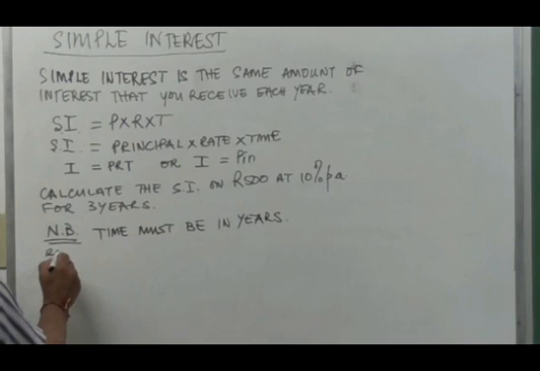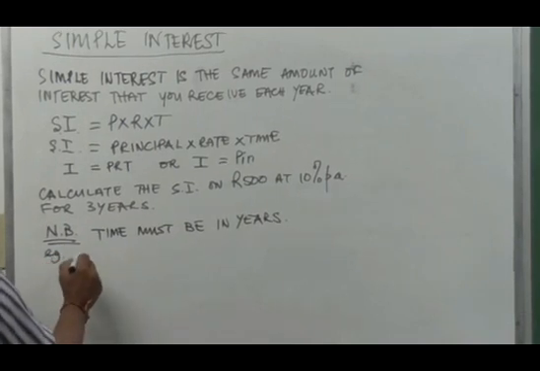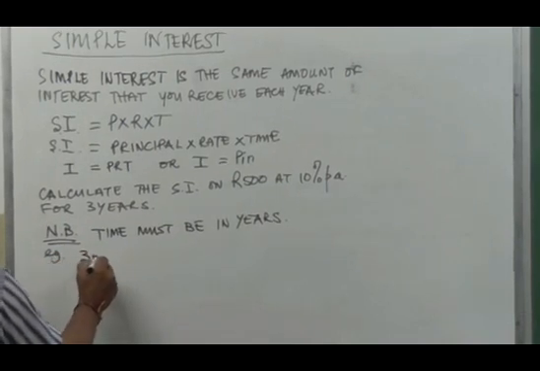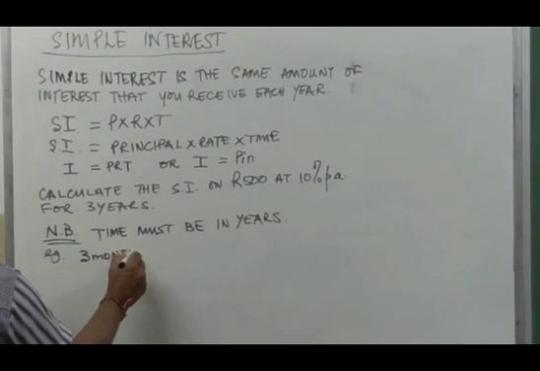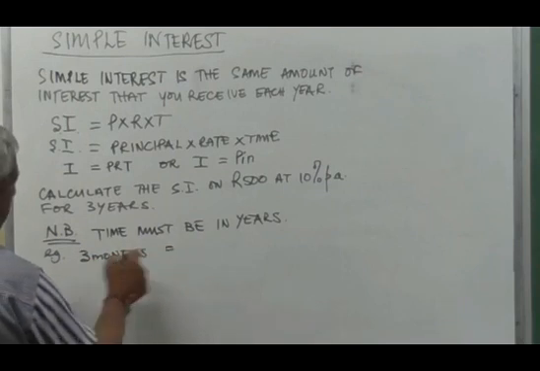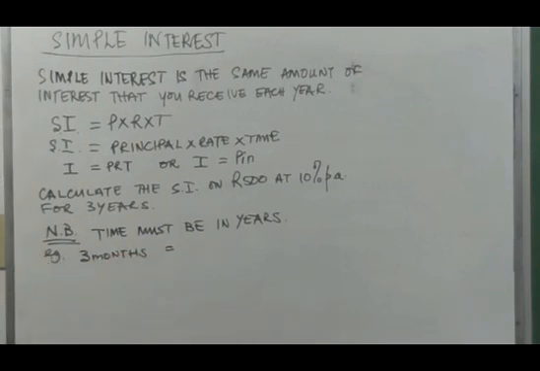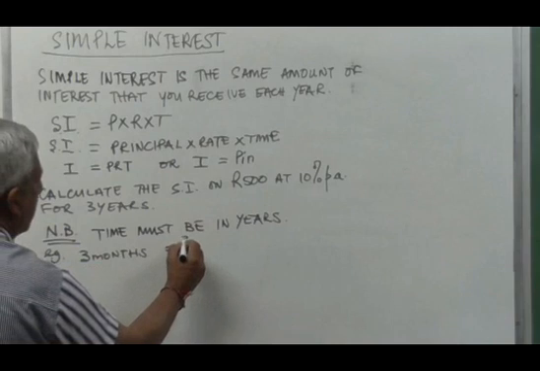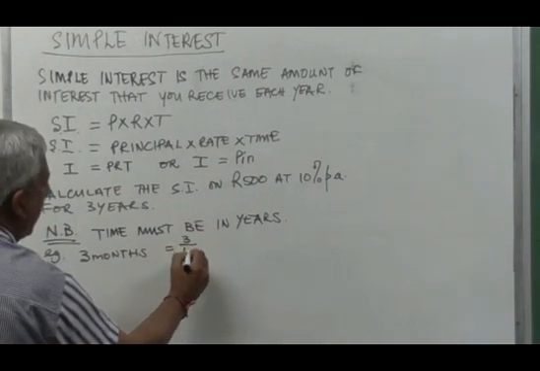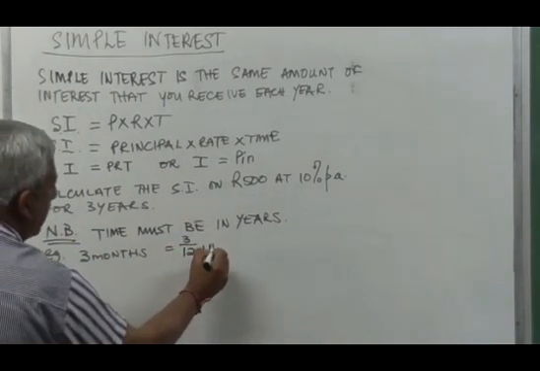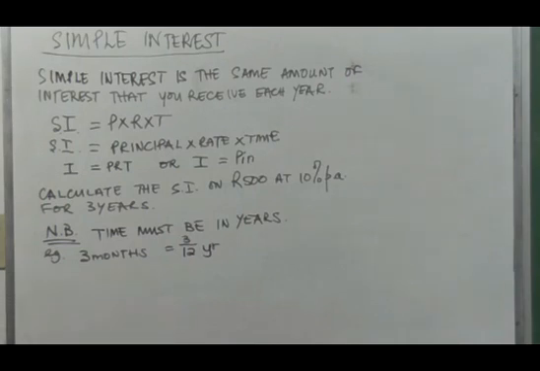For example, 3 months. Now the time is not in years, you are just given 3 months. So you must change 3 months to years. So you'll say 3 divided by 12, so that's now in years.